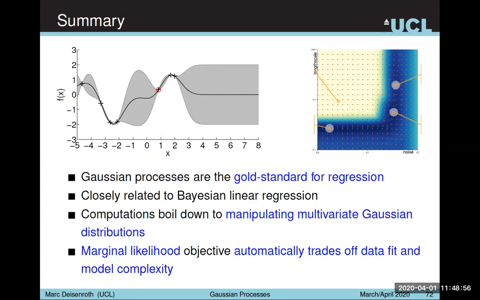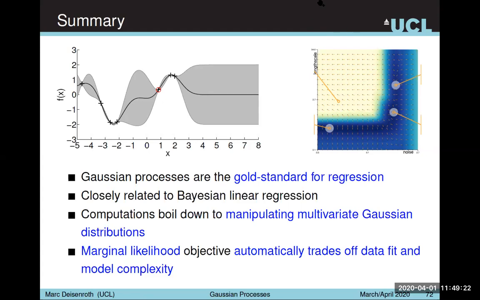And the third thing is to be able to marginalize. If we know how to do this, we can do everything that we discussed with Gaussian processes. And I also really wanted to make a point about the marginal likelihood as a useful objective that trades off data fit and model complexity.